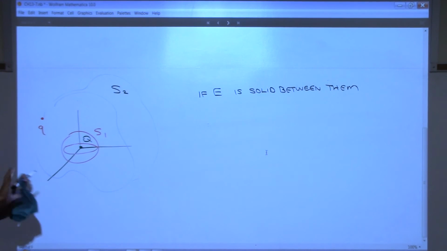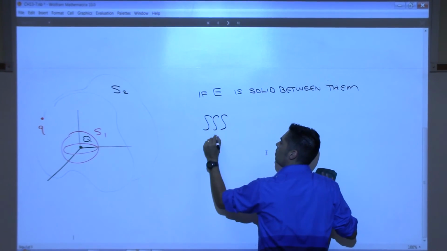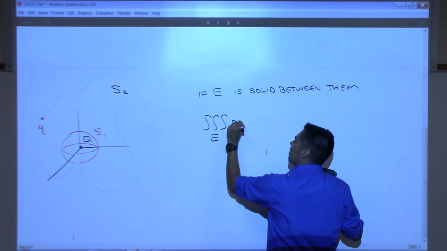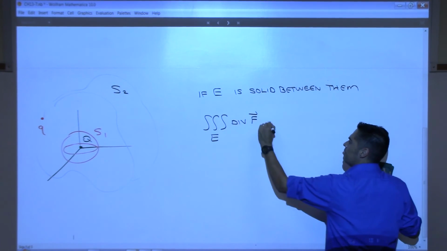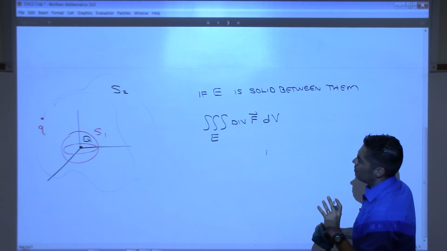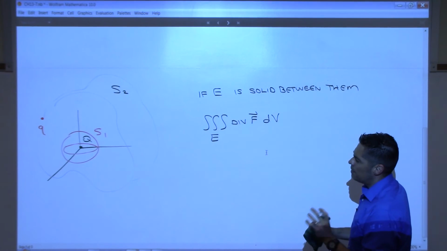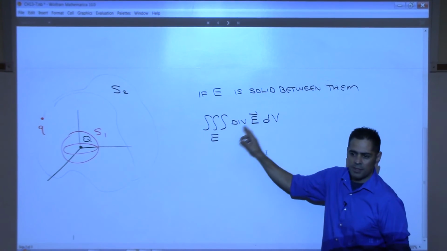I wrote down a thing here a second ago. Yes, it's the triple integral over E of the div of F dV. The field here that I want to be working with is E, okay? Don't confuse these two E's.